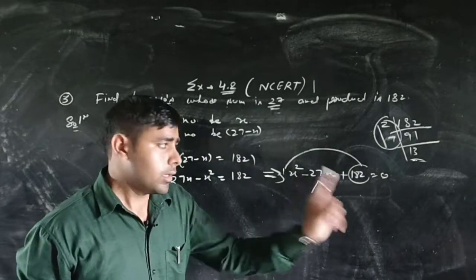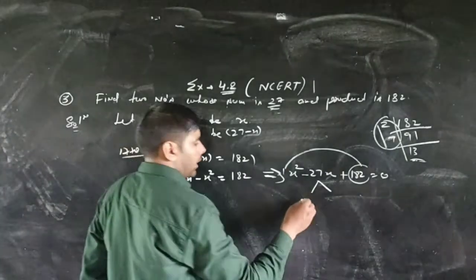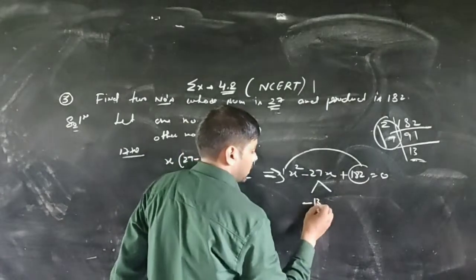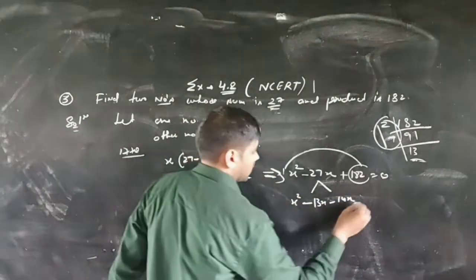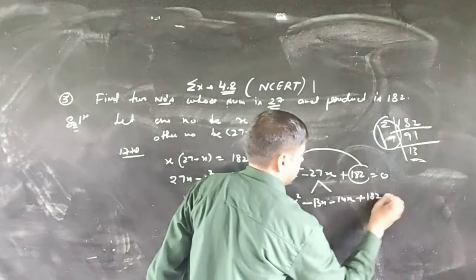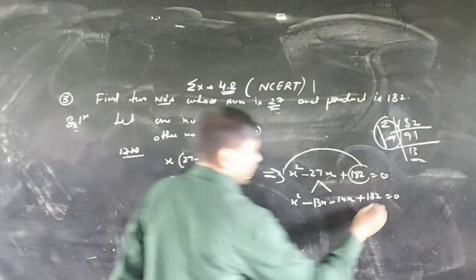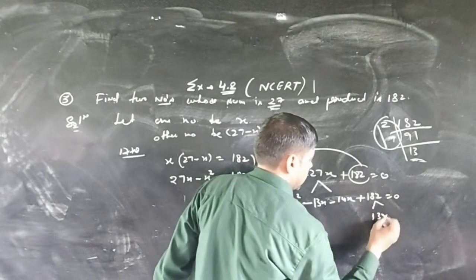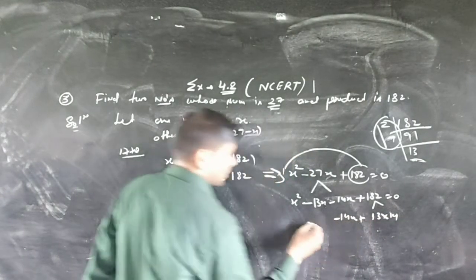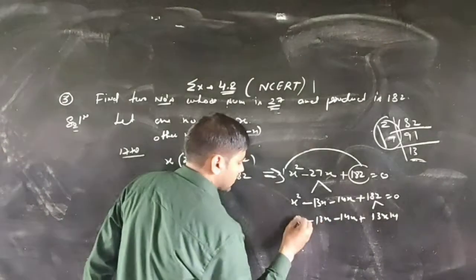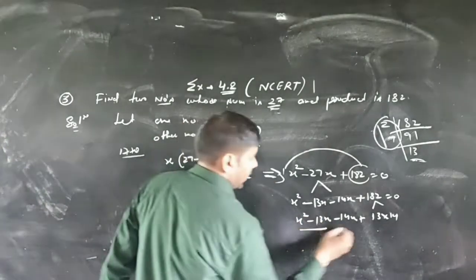You can write minus 27x as minus 13x minus 14x, so x square minus 13x minus 14x plus 182 equal to 0.